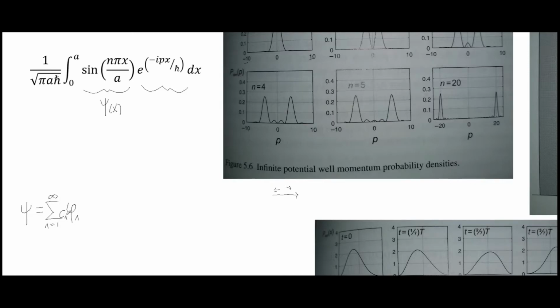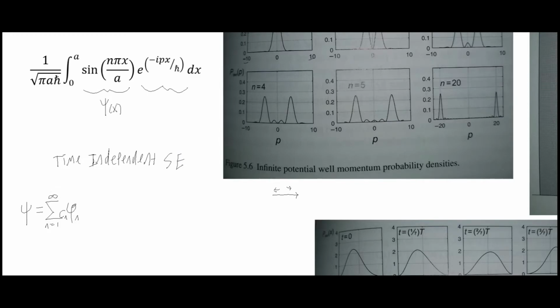And so when we take a linear combination of them, we have to actually bring back the time term. So we've been using the time independent Schrodinger equation, which I'll just write as SE.